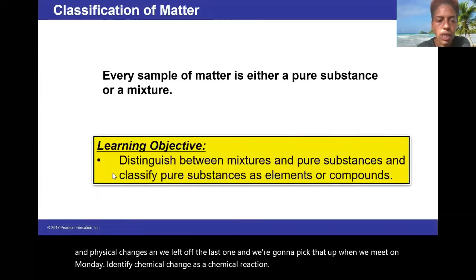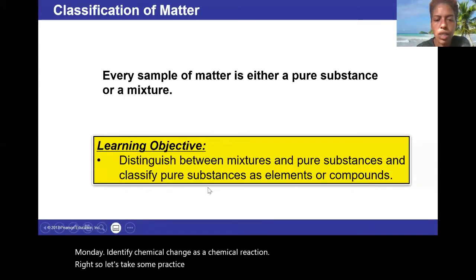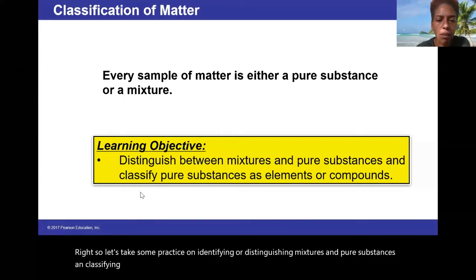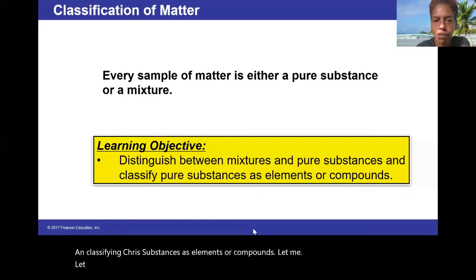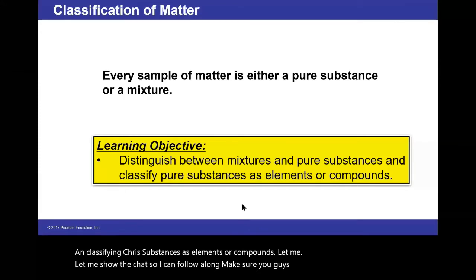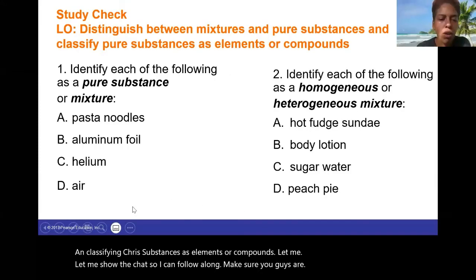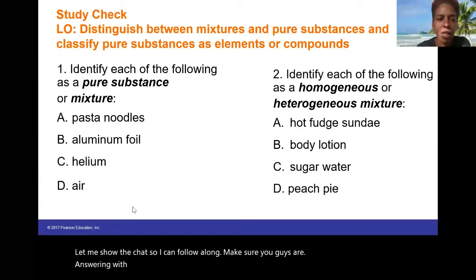Right, so let's take some practice on distinguishing mixtures and pure substances and classifying pure substances as elements or compounds. Let me show the chat so I can follow along, make sure you guys are answering with me. All right, so let's take a look at the left of the screen.